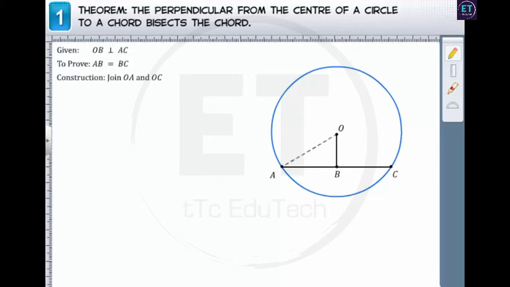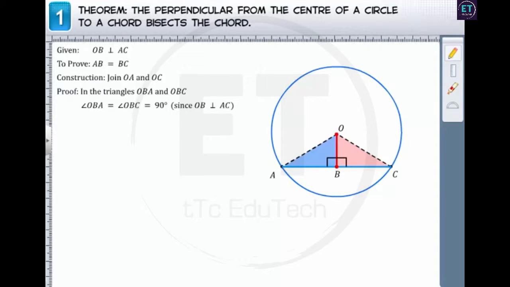Let's join the lines OA and OC. Consider triangles OBA and OBC. Since OB is perpendicular to AC, triangles OBA and OBC are two right-angled triangles. Further, in triangles OBA and OBC, OA equals OC, since both are radii of the given circle.